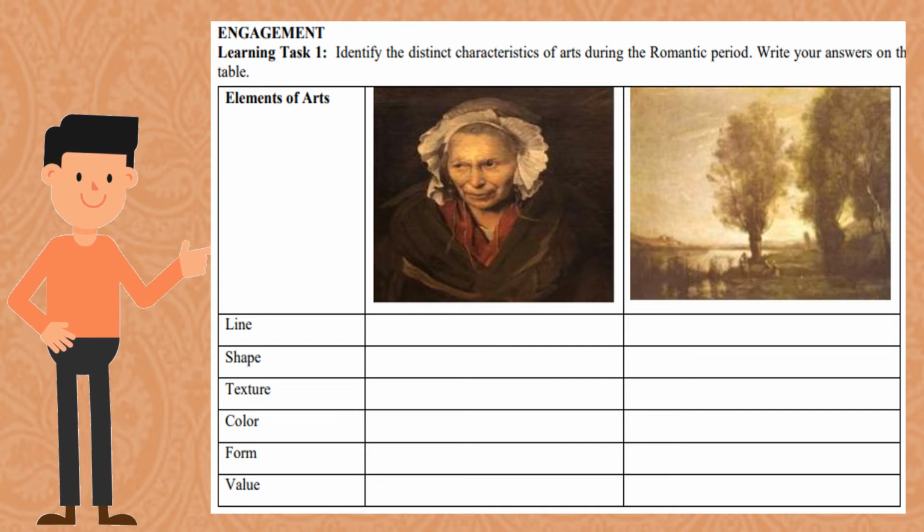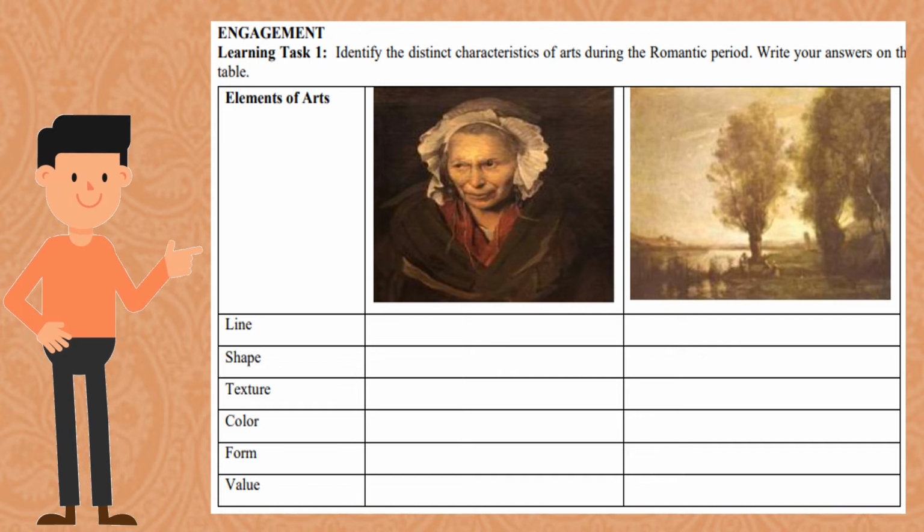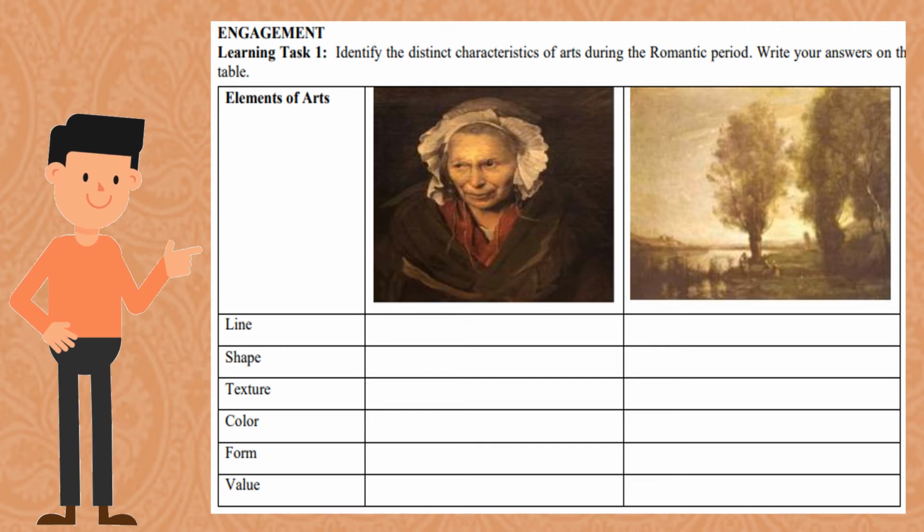So for our engagement, as we always do, we will analyze these two paintings, which are the Insane Woman and a landscape painting. All you have to do is determine the elements of art after analyzing them. For example, again, what is the line in the image?